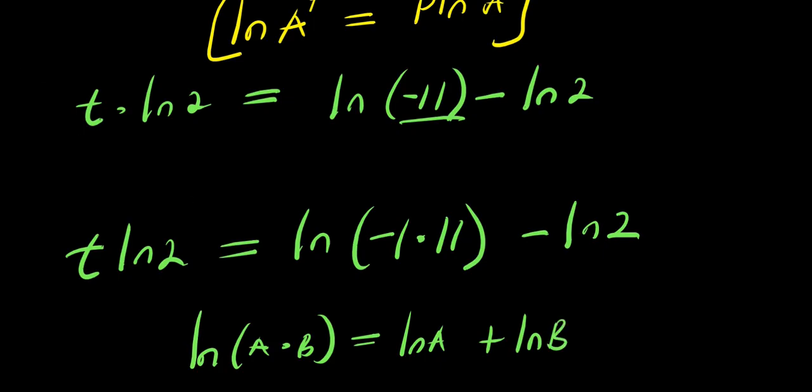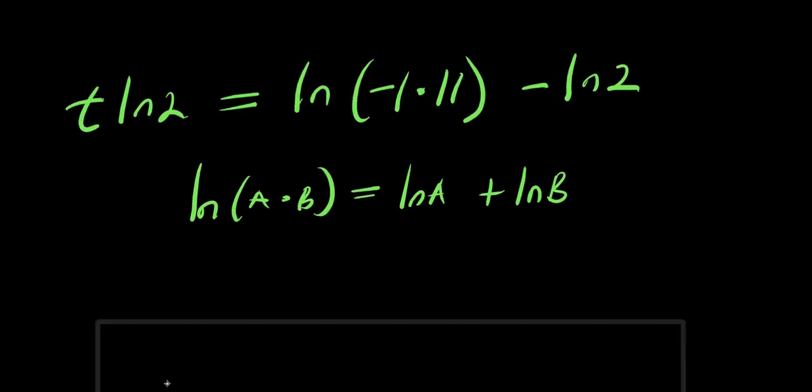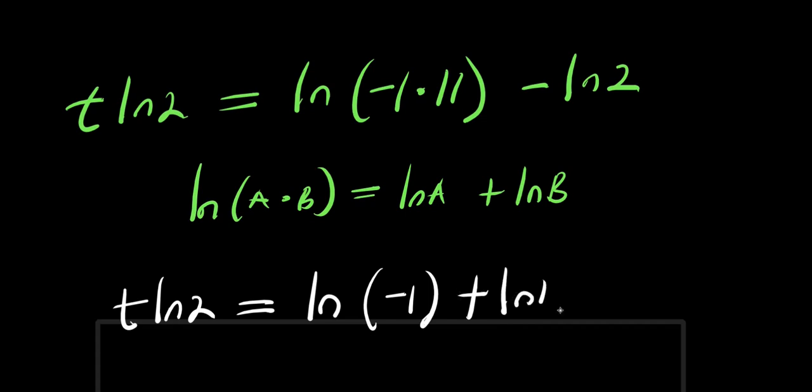So from here, we have t times ln 2 equals ln(-1) plus ln 11, then minus ln 2.